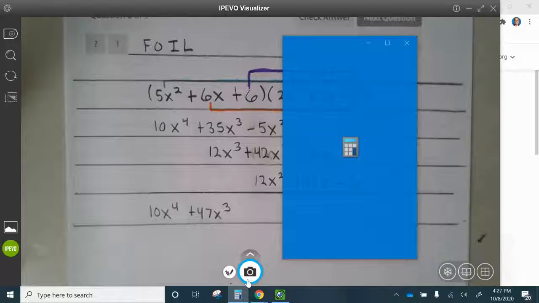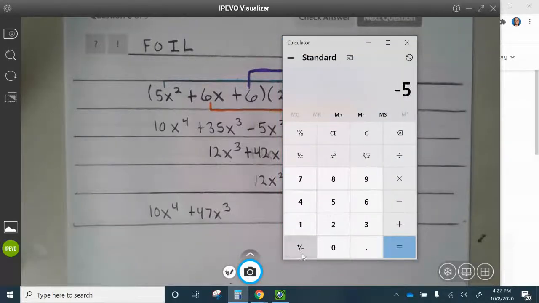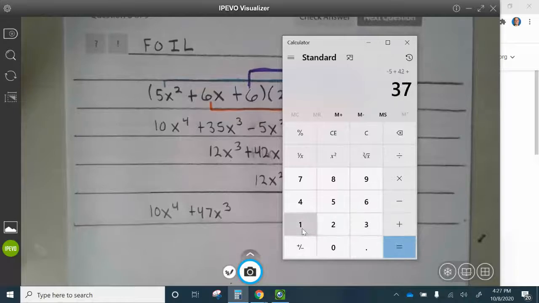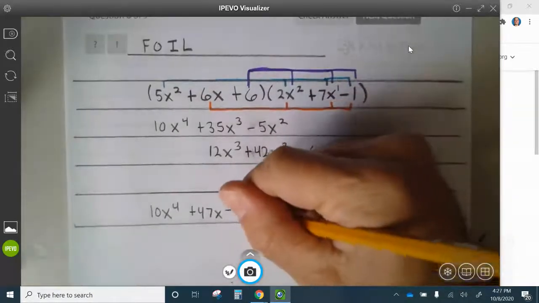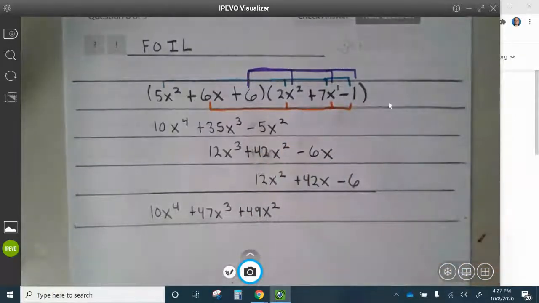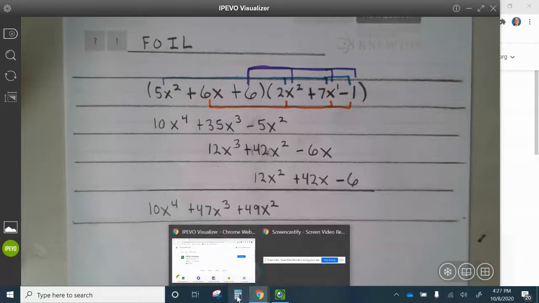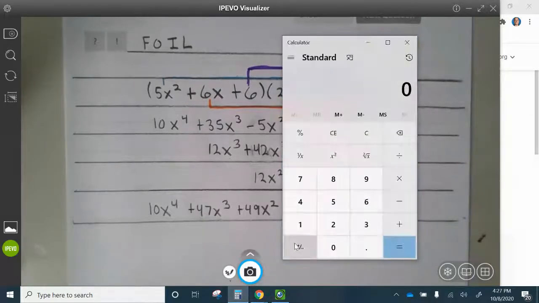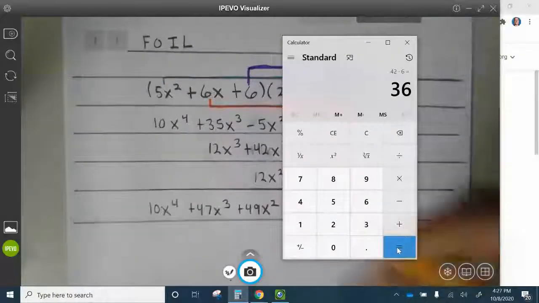So that's plus 49x squared. And then 42 minus 6 is 36. So that's plus 36x minus 6. Okay. Hopefully that helps with question number 6.